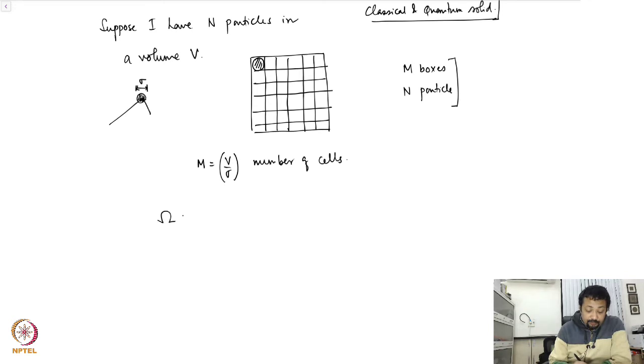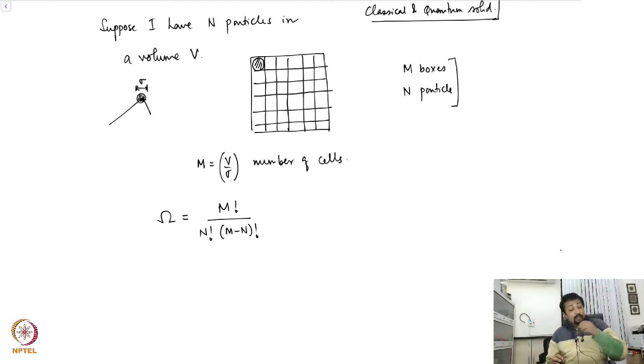The total number of microstates is then given by M factorial divided by N factorial times M minus N factorial, as simple as that. But now the fact that I have put a restriction by saying that I have a certain size of these particles will have amazing consequences on the equation of state, and that is the whole purpose.